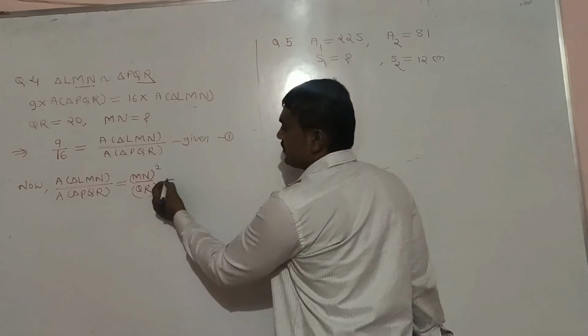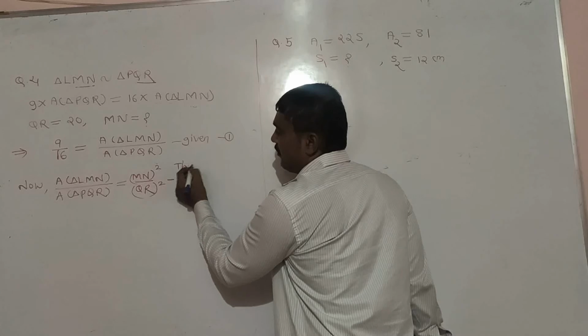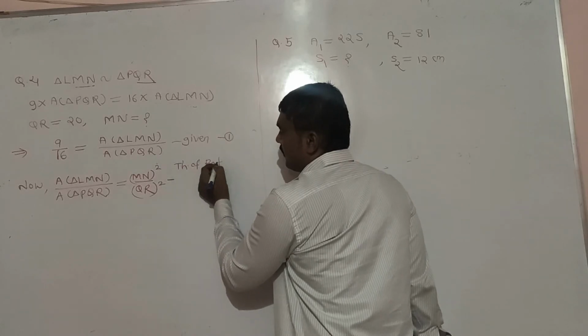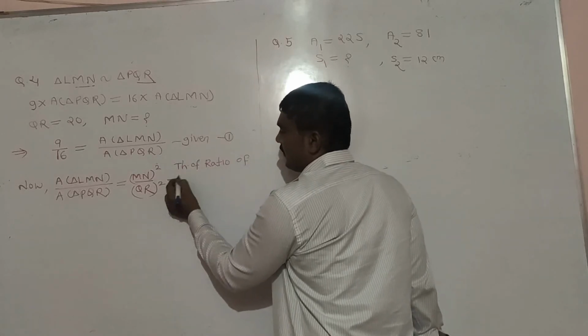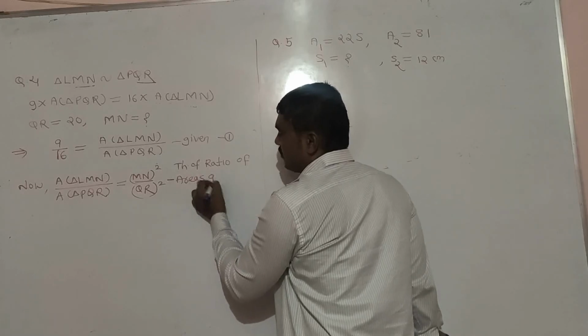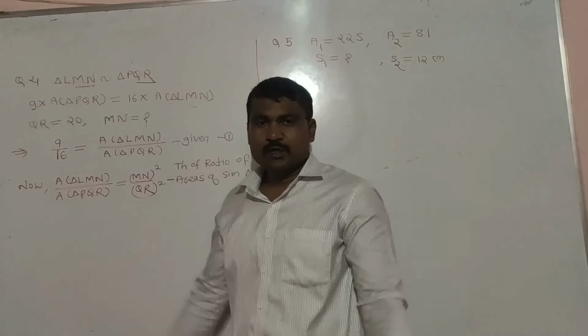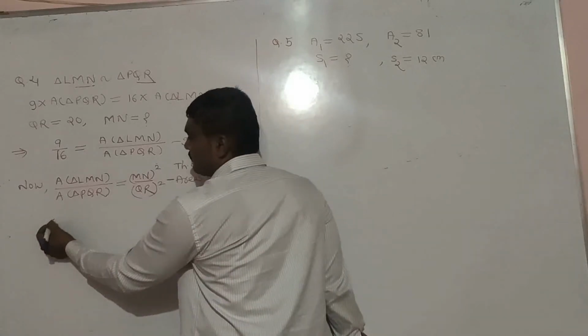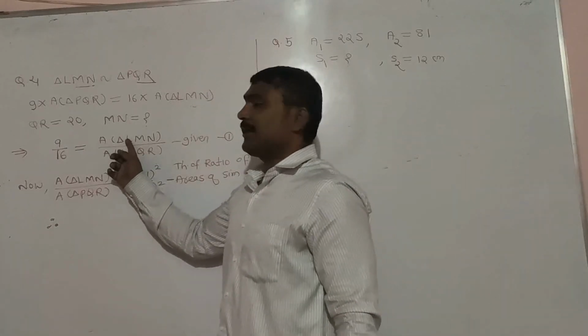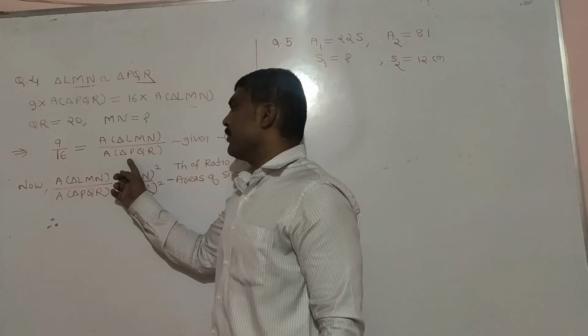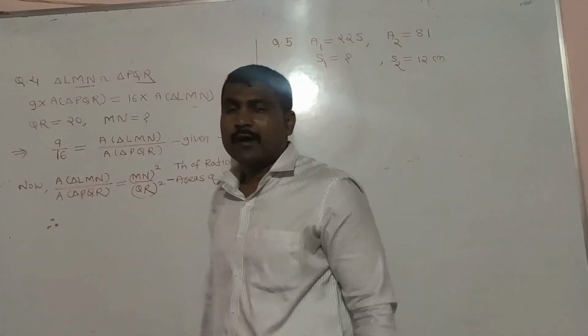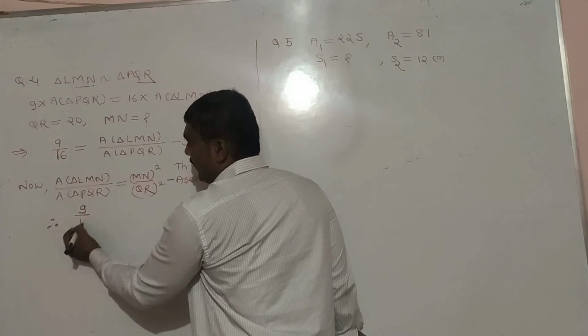The reason is the theorem of ratio of areas of similar triangles. Now put their values. You can see the area of triangle AMN upon area of triangle PQR is 9 upon 16 now. So put 9 upon 16.